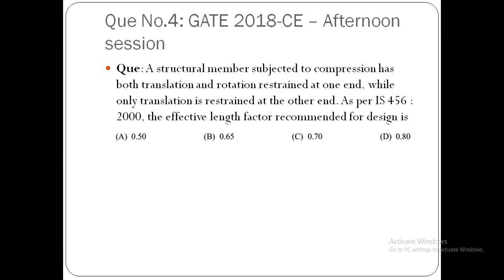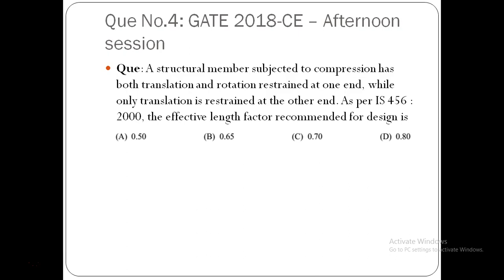and he has to recall a particular case where, when we are talking about a structure member subjected to compression, one of the ends is restrained against translation and rotation, while the other end is restrained against only translation.